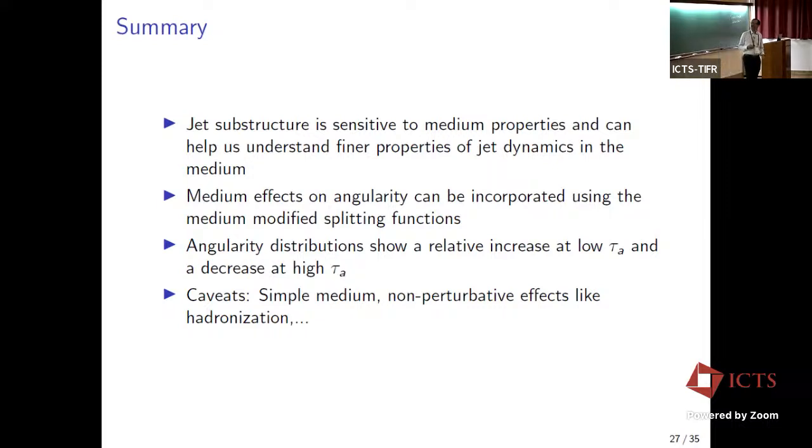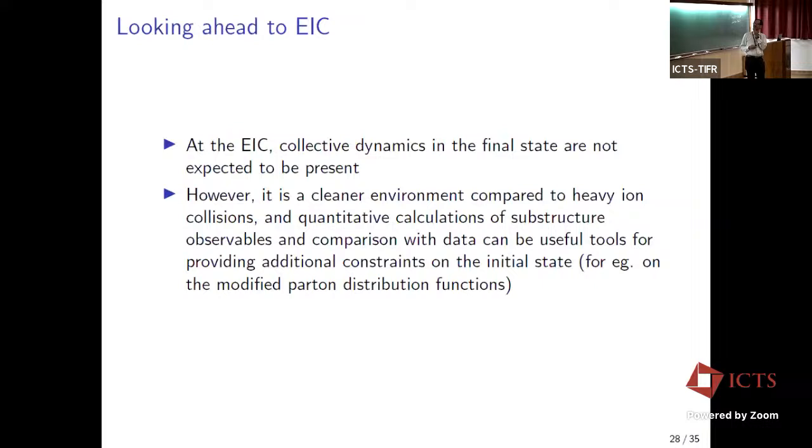Okay, so before I go, the same sort of observables definitely will be studied at the EIC also. But there, the collective dynamics in the final state are not expected to be present. However, it's a much cleaner environment compared to the heavy ion environment.